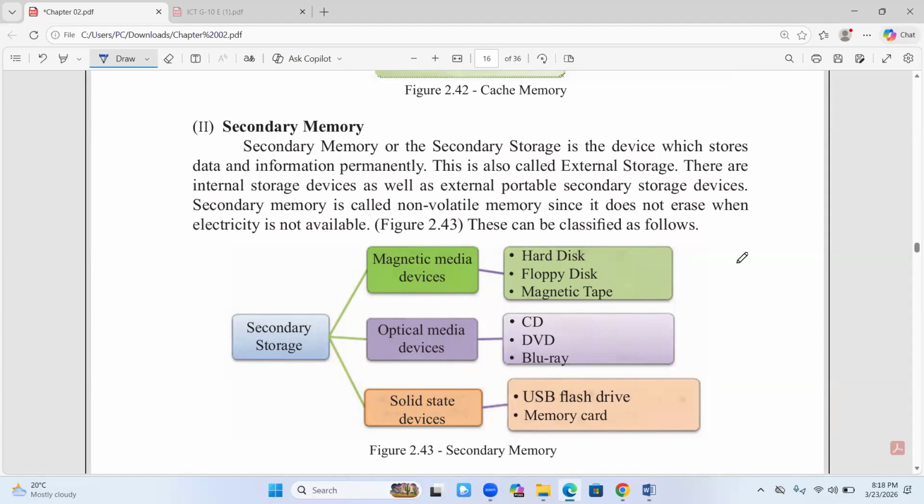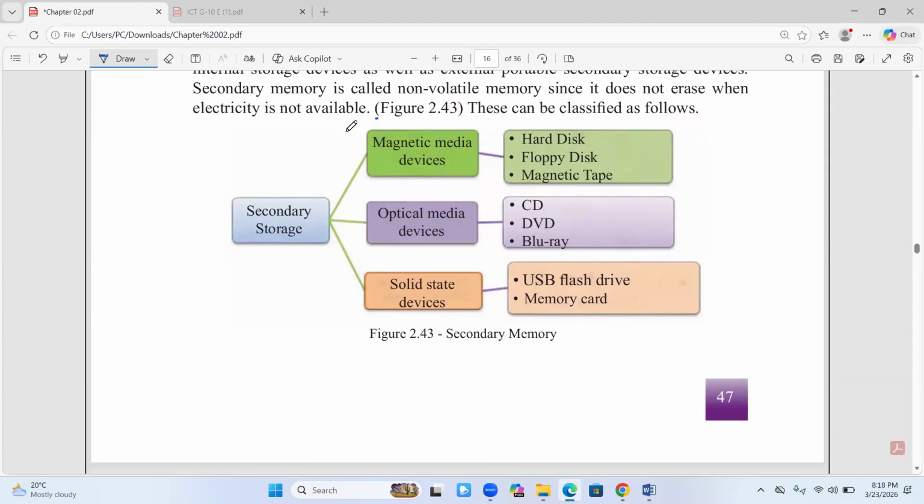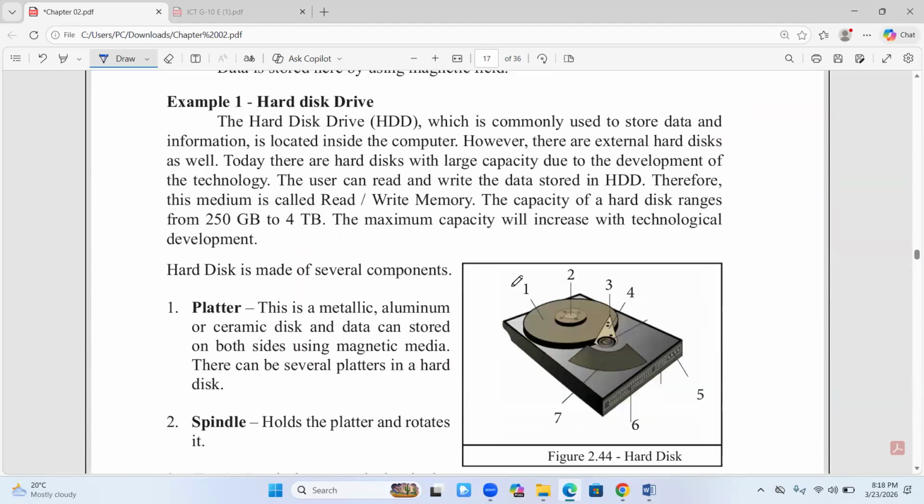The first is magnetic media devices, the second is optical devices, and the third is solid state devices. Here there are some examples. We'll discuss one by one.